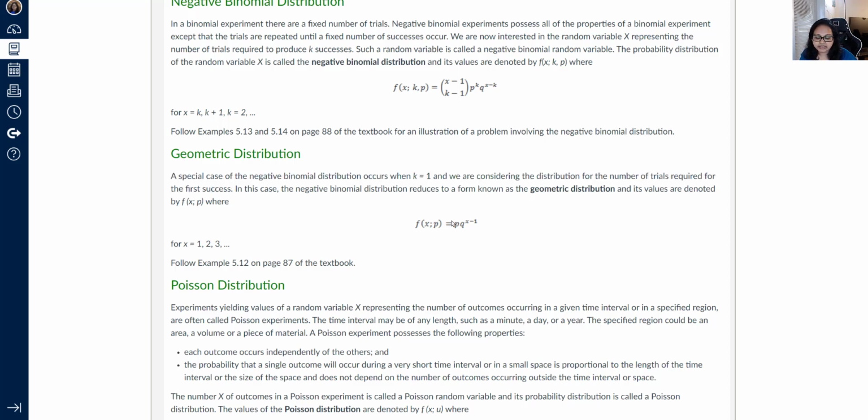Then the form is similar to the binomial distribution, only we are not using n choose x, and p power x is not there. We only have p, q, and x power 1, meaning the probability of success and the probability of failure. All the properties are the same as in the binomial distribution. The only difference is this part, the first success.